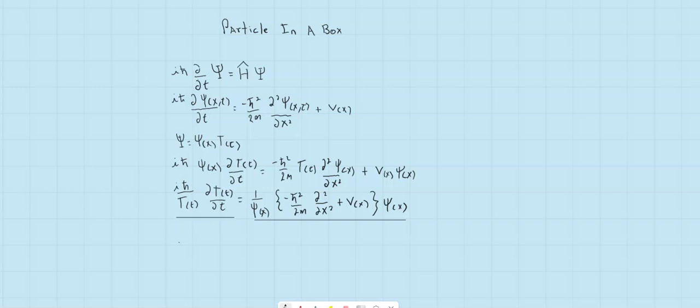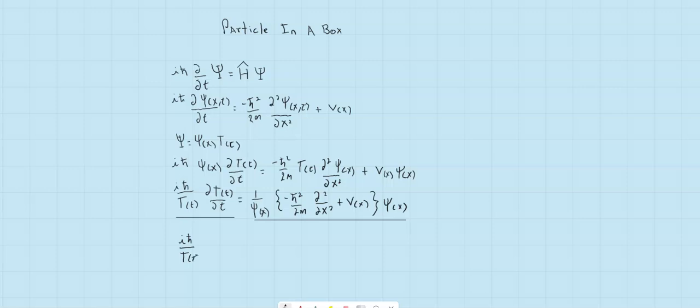So I'm going to write this. First, we're going to solve for the time dependent part. It's going to be iħ over T, capital T of t.